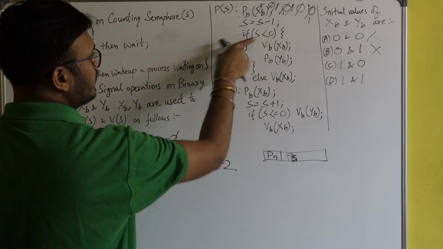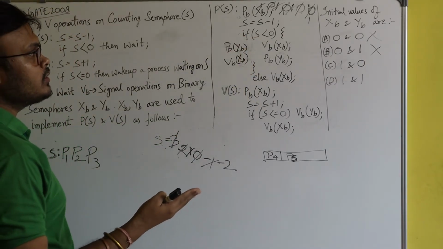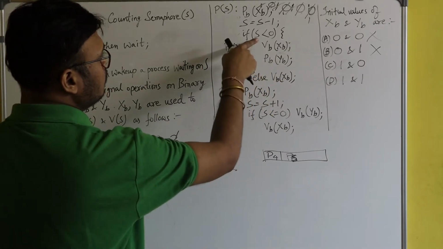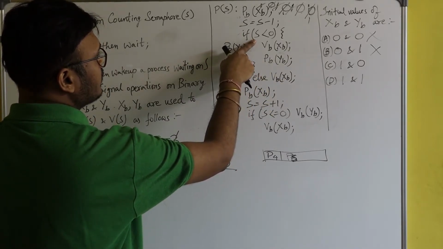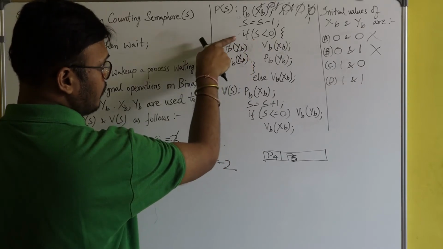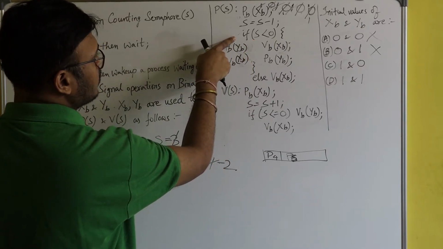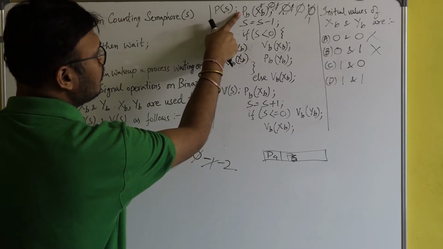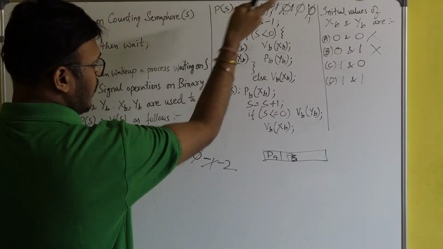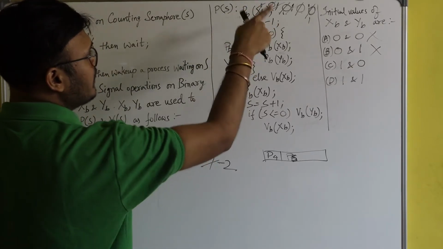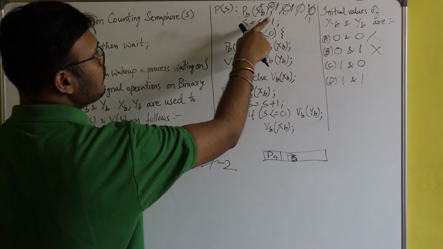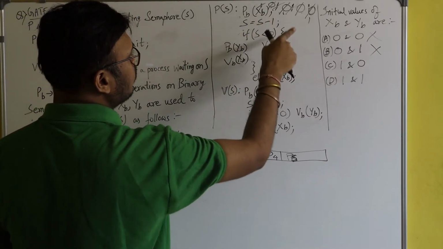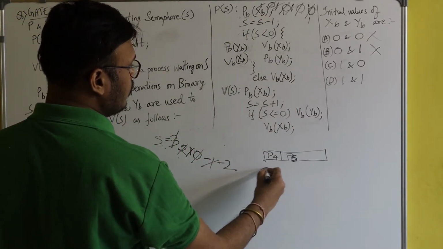Suppose this condition is true, so definitely a process will get blocked, and before executing this code, a process had already executed this code, and XB was initially 1, that's why the process executed this code and made it 0.